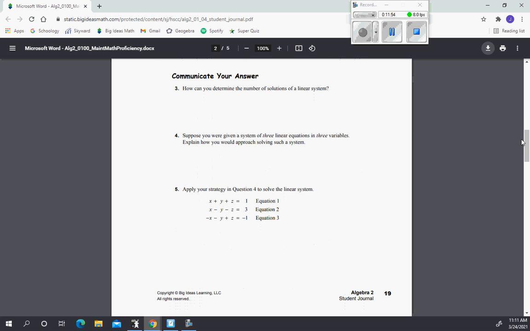How can you determine the number of solutions of a linear system? If the lines are parallel, then no solution.